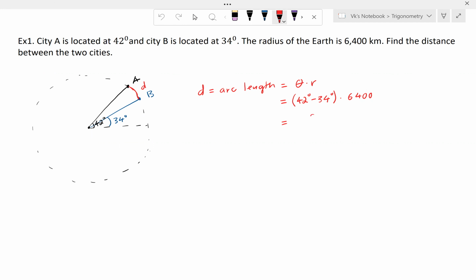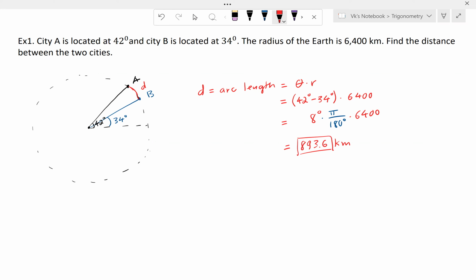So we have 8 degrees multiplied by pi over 180 degrees, and multiply by 6400. Now everything is in radians, and ta-da! Put this in the calculator, and we have 893.6 kilometers. Very cool.